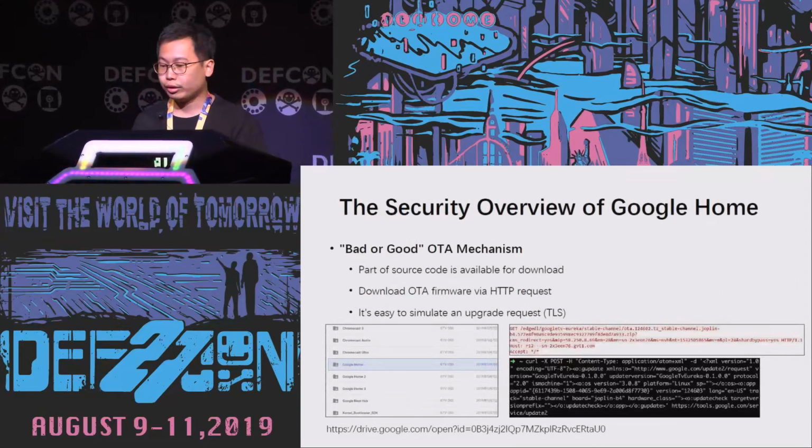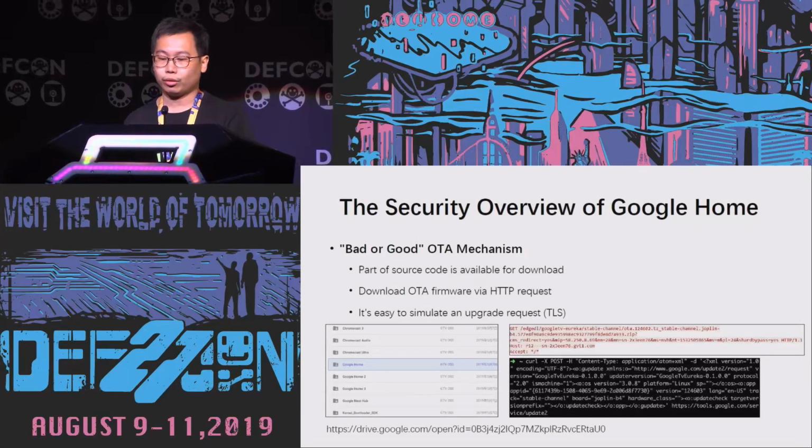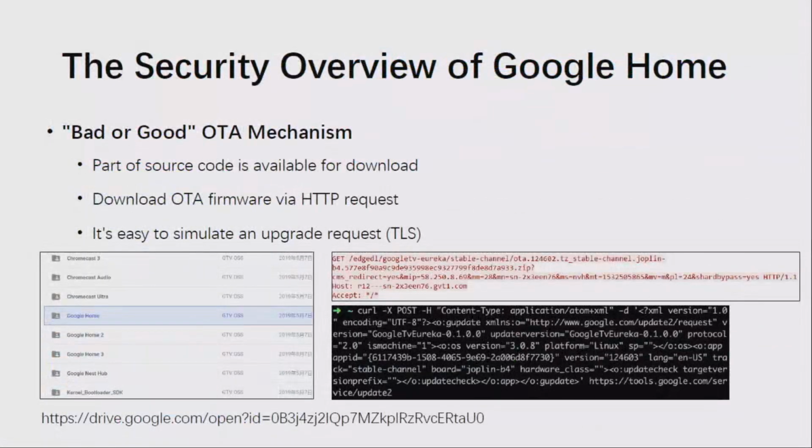Thanks for the introduction. Next, let's look at the security overview of Google Home. On the OTA mechanism, the firmware-related resources of Google Home are open to the public. These resources include the bootloader, kernels, and related binary programs, and some even have symbols.